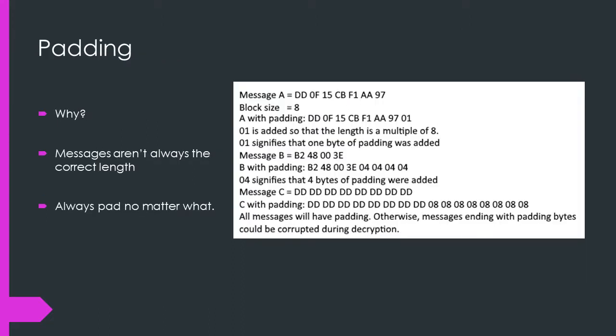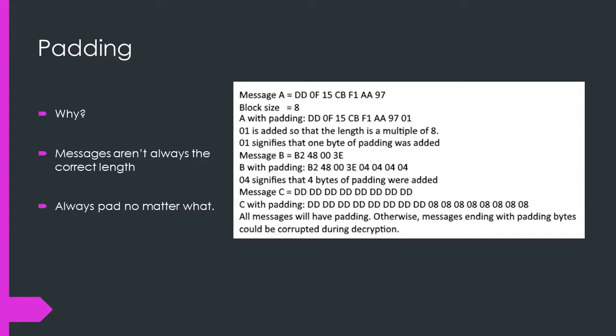Since not all messages are the size of the block length needed by the block cipher function, we need to elongate those messages. This is the essence of padding. There are many different forms of padding, and for simplicity's sake, we will focus on PKCS7 padding. As seen in the graphic here, PKCS7 works by computing the number of bytes that the message is behind the block length.